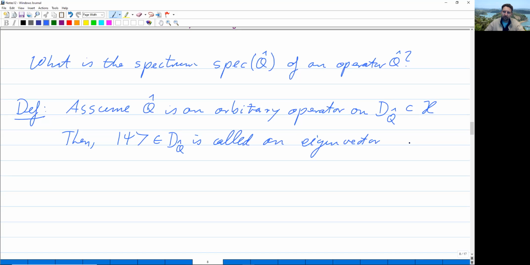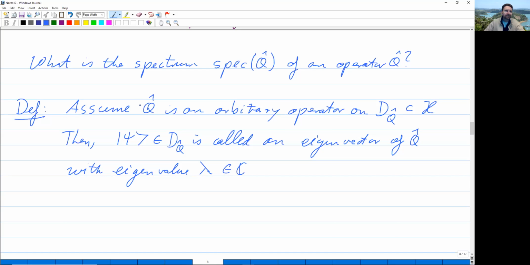You may think, oh, this is boring. I've seen all of that in linear algebra, but just wait a moment. An eigenvector of Q hat with eigenvalue lambda, some complex number.